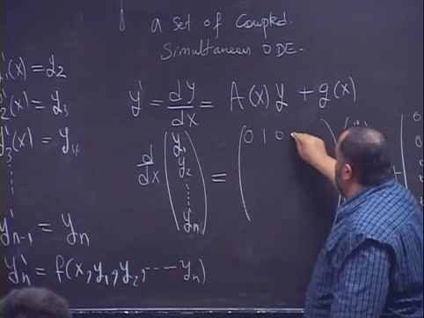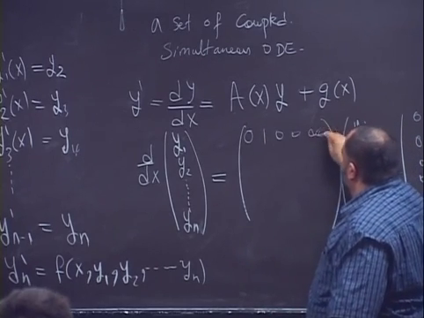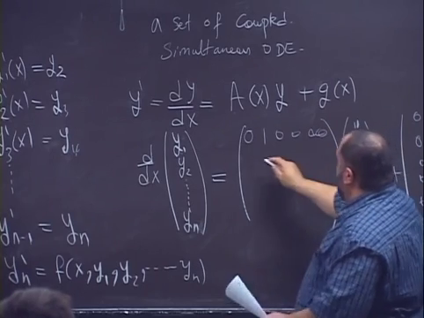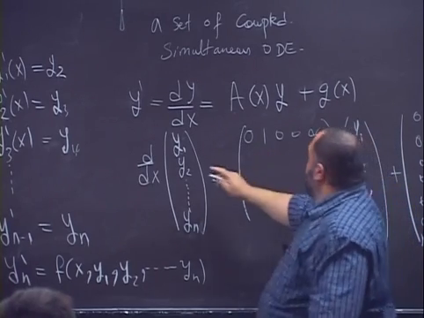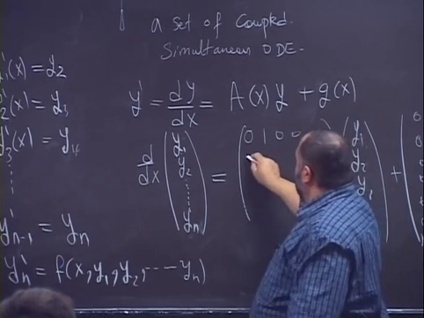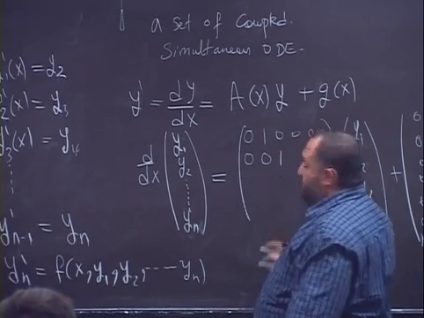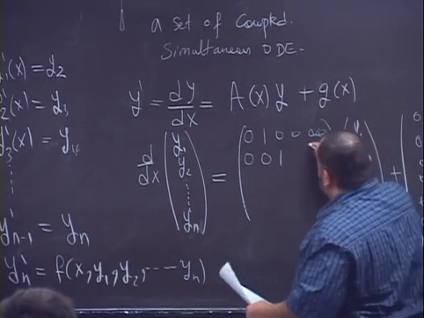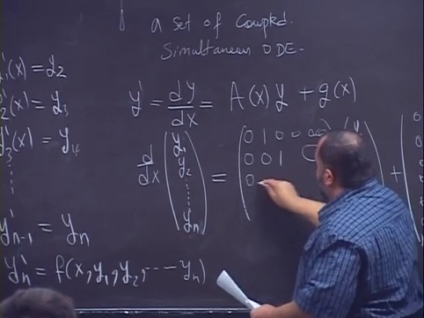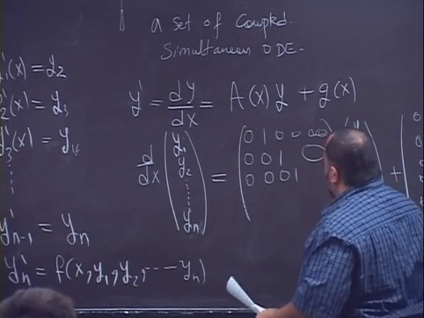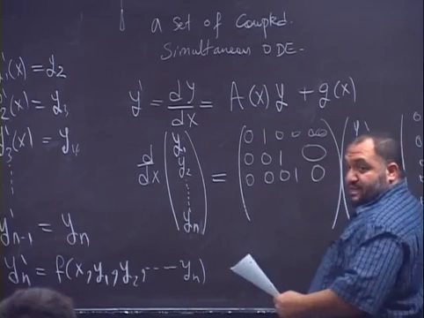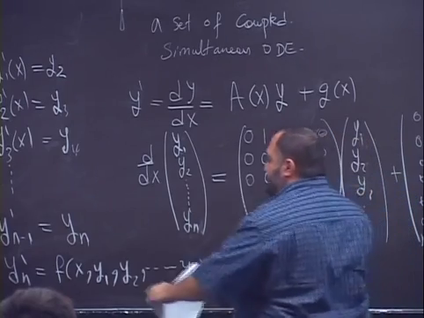And the rest will be 0. Then in the next one, we do not have y1 and we have y3. Yes? And the rest is 0 here. Then we will have, and the rest is 0 here. Yes? And the last one we will have what?